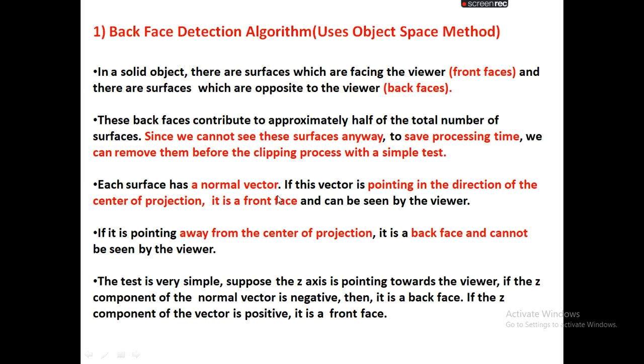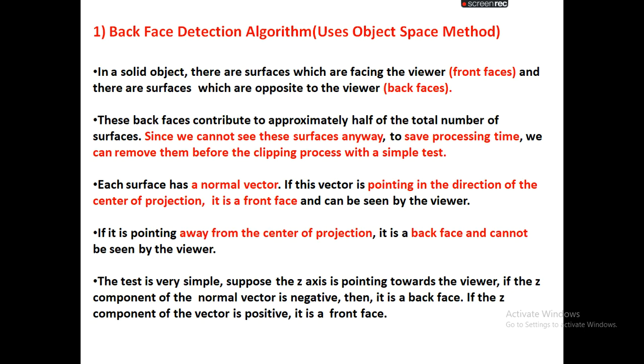So we need to determine the back face of the polygon using a back face detection algorithm, and we need to eliminate those. So the purpose here is we want to save CPU processing time. Once you remove the back face of the polygon, you are giving only the front face of the polygon as input to the clipping window or clipping algorithms.